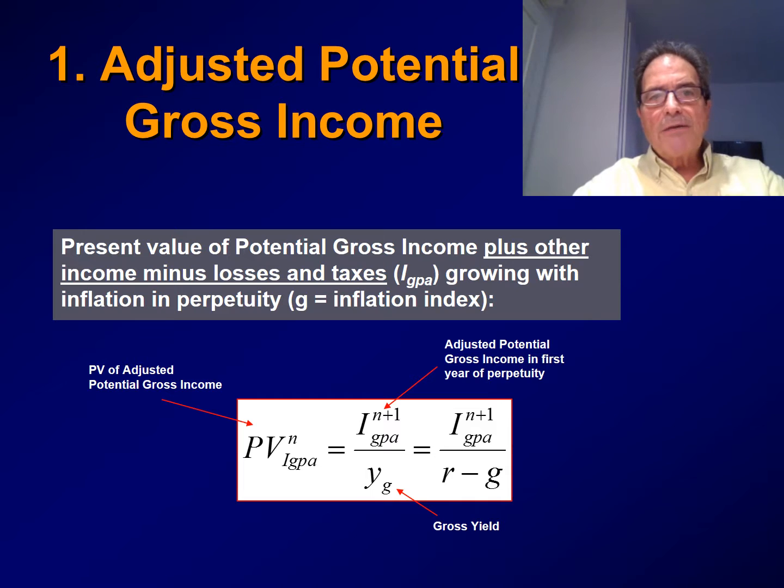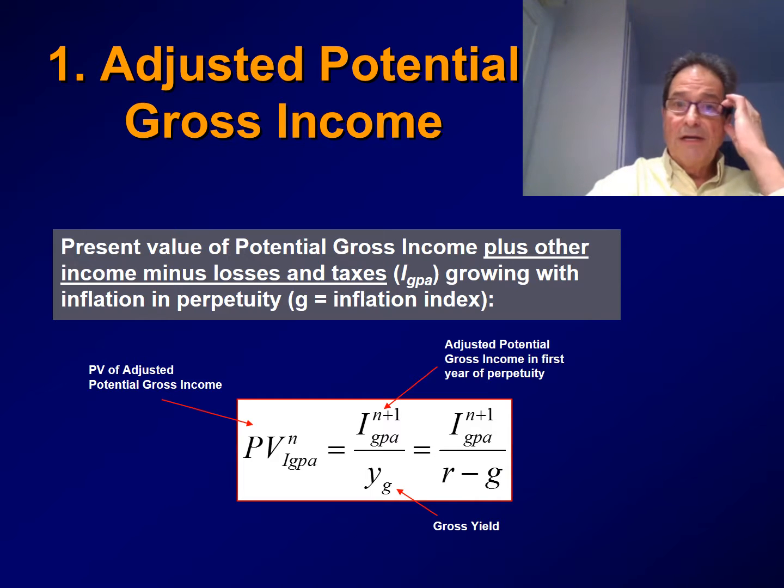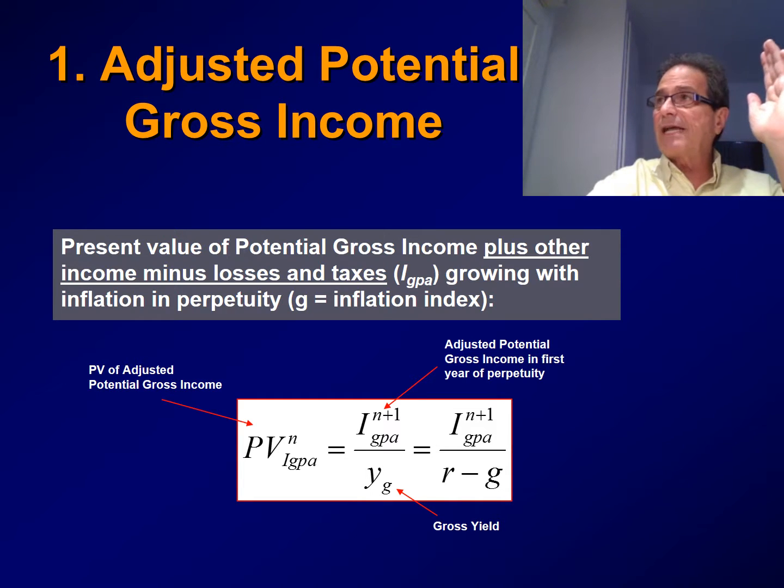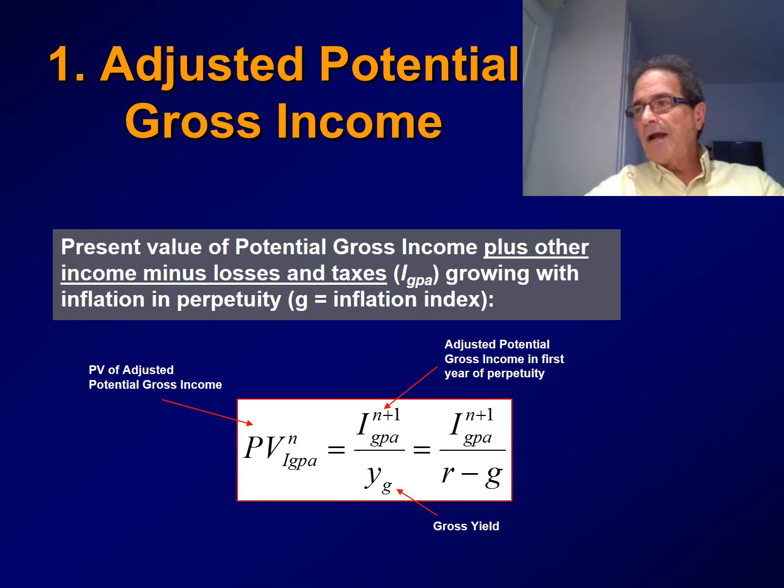First, adjusted potential gross income. Basically, it represents the present value of potential gross income, and then to this we add other income, and we subtract losses and taxes. As we said in a previous video, these are the cash flow streams which are closely correlated with the rent.